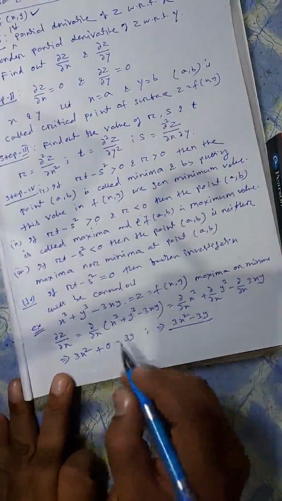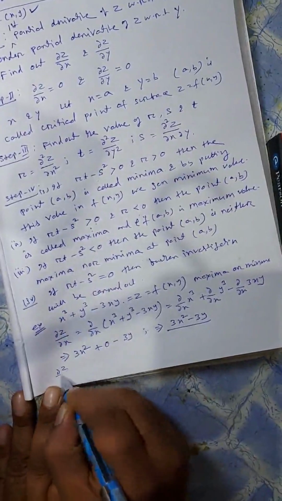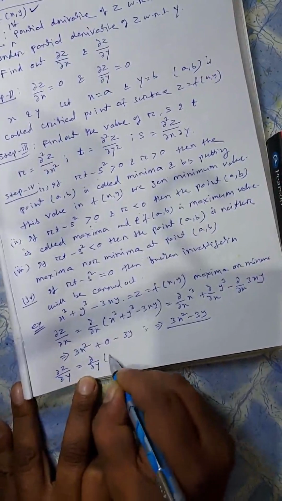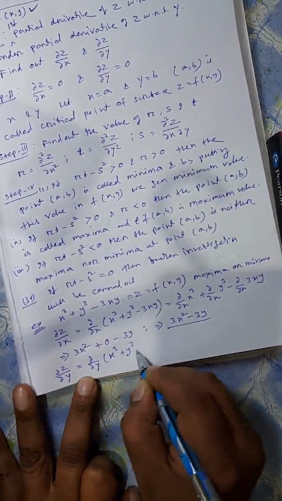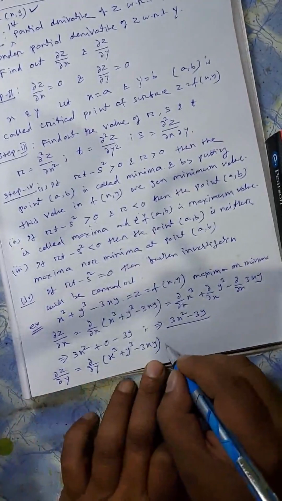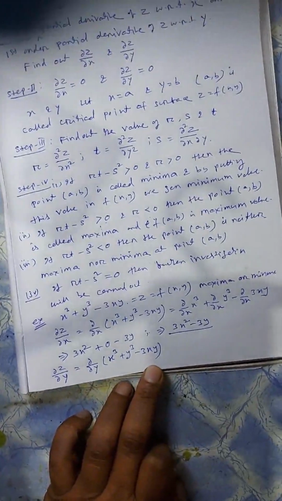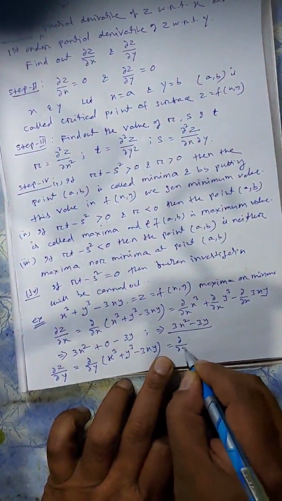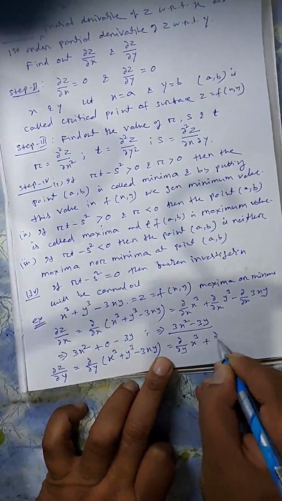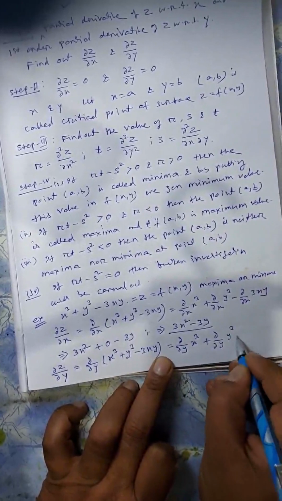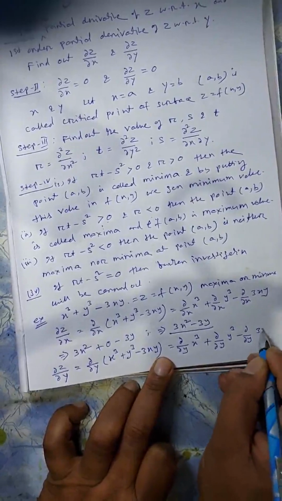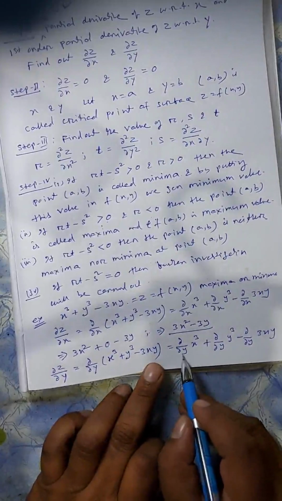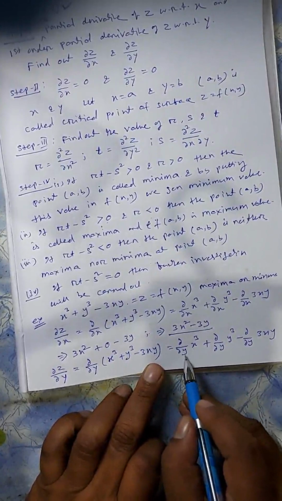Similarly, we have to find out dou z by dou y, which is equal to dou by dou y of x cube plus y cube minus 3xy, which is equal to dou by dou y of x cube plus dou by dou y of y cube minus dou by dou y of 3xy. Here x cube will come 0 because x is considered constant as we vary y.